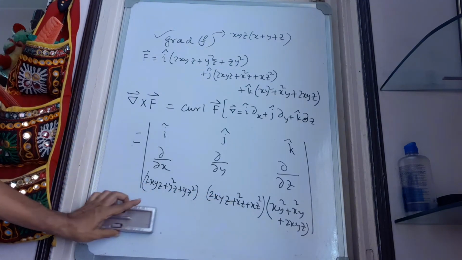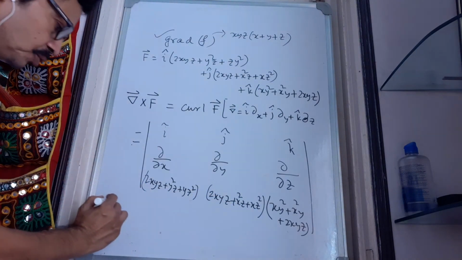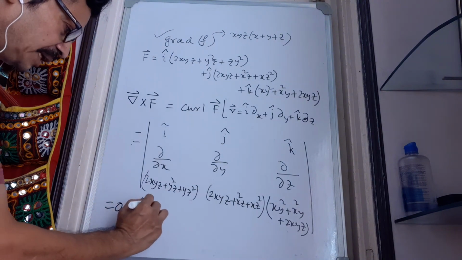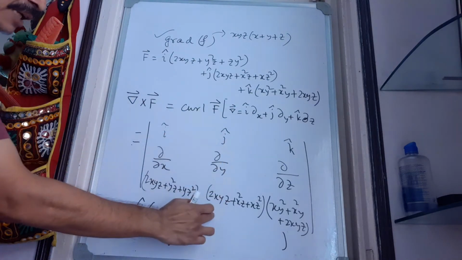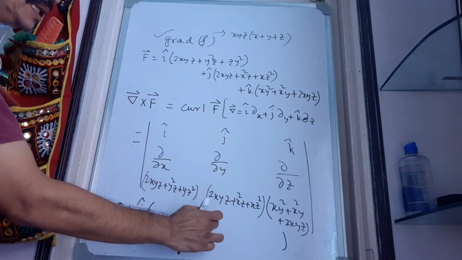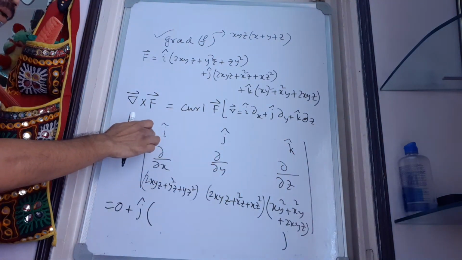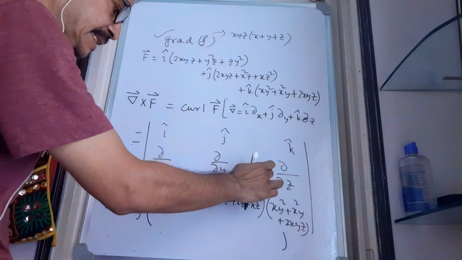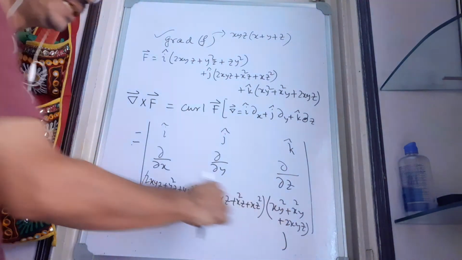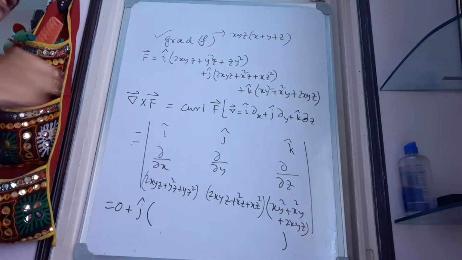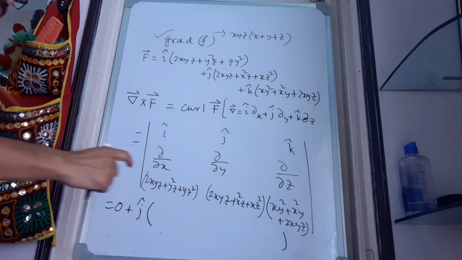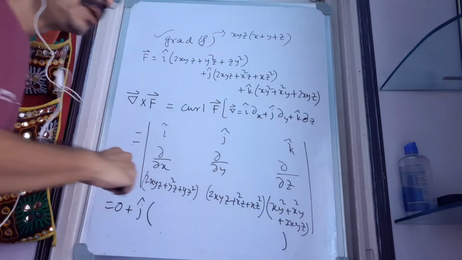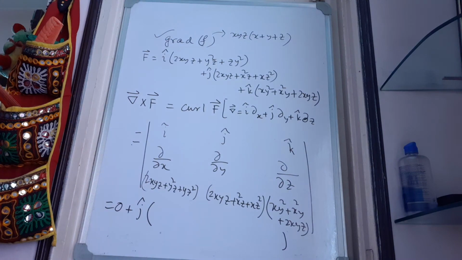We can calculate the j cap component now. It can easily be shown to be 0, because when we calculate the j cap component, we skip this column and this row. So, it comes out to be del/del z of this minus del/del x of this. We know that this is the 1-2 element, which is odd, so it will bear a minus sign, and to adjust it we reverse the order of the multiplication.